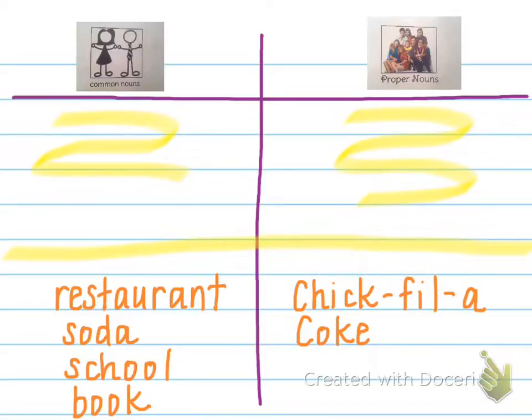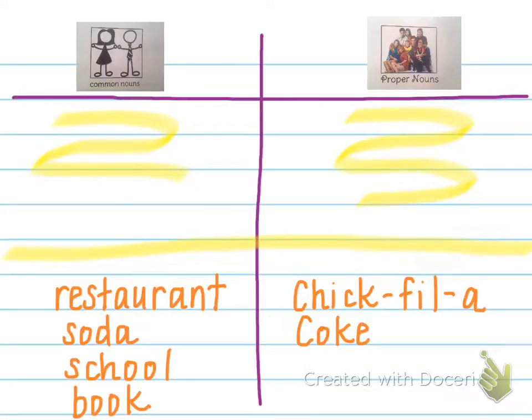If you'll write both of those underneath your common noun side, please. Now in a moment, I want you to add a proper noun for each one. Remember, common nouns are never capitalized, but proper nouns are always capitalized.